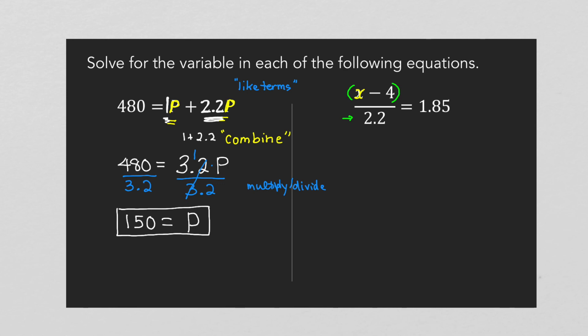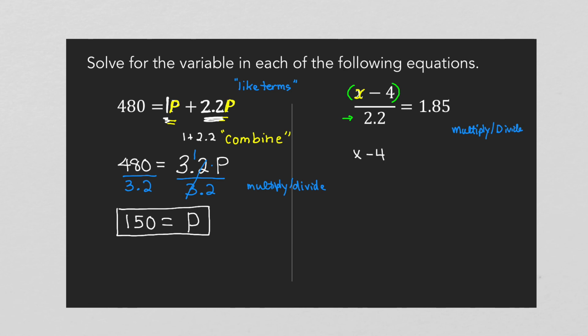Now notice, 2.2 is being divided from that quantity. And so what I need to do is apply the multiplication division property, but because 2.2 is being divided, what I need to do to get rid of it is multiply. Namely, let's see if this looks okay.